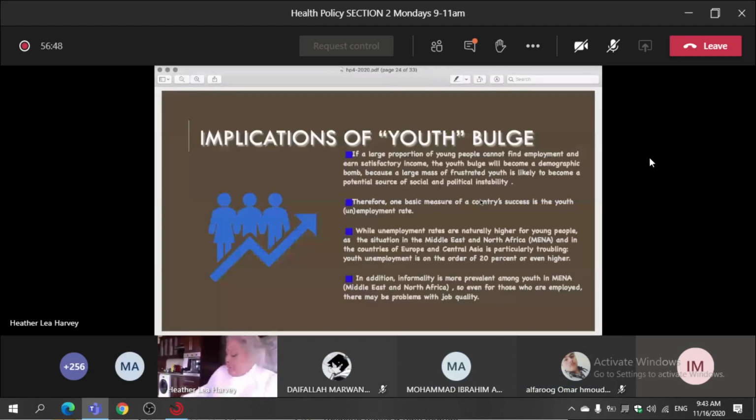Okay, so a youth bulge. In America, we have a large group of people that come into their 20s and 30s. And we're actually going to see this when we look at Jordan. I want you to see it, because what it means is we had a high birth rate.